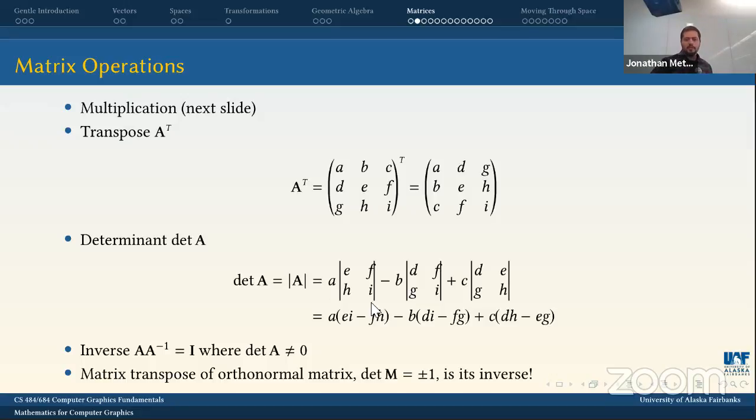Here's a 3 by 3 matrix worked out, and down here you can see, say, E F H I. You take the diagonal, so E times I minus F times H, B times I minus F times G, E times H minus E times G, and then you take A, which is at the top here, times this matrix down here, B times this other matrix down here, and you add it together and you get a scalar number out.